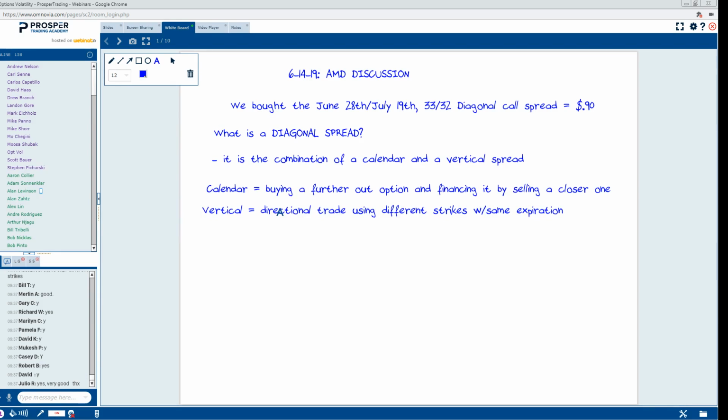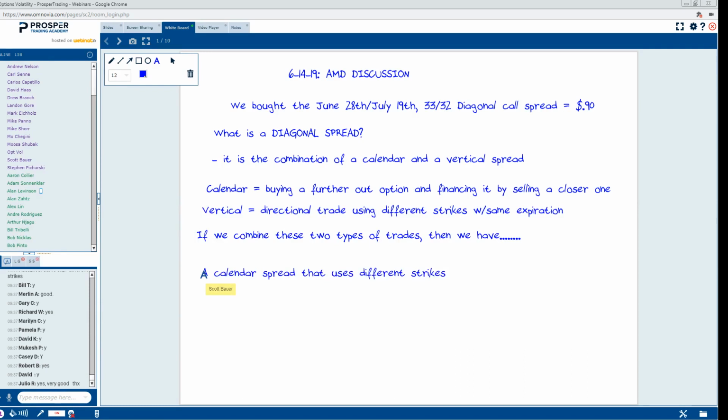Okay, but if we combine them, what we basically come up with, okay, if we combine these two types of trades, then we have a calendar spread that uses different strikes.